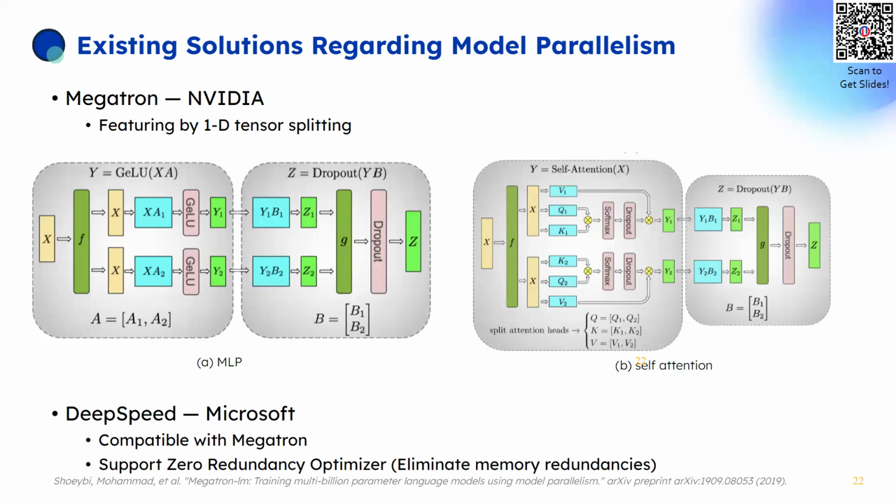Now we partition the column dimension of the second matrix. So each part is 4K by 2 million times 2 million by 32.